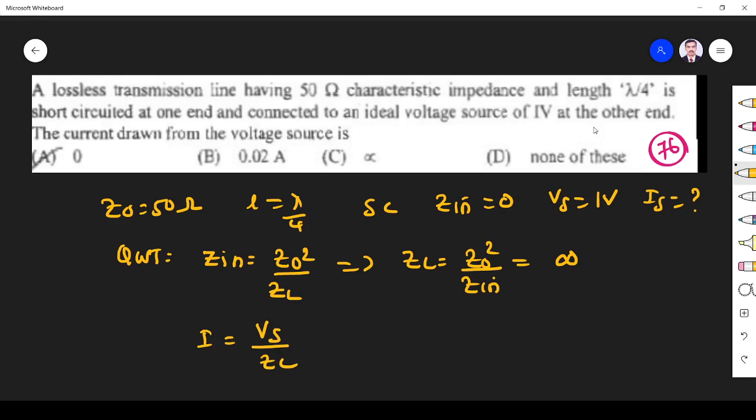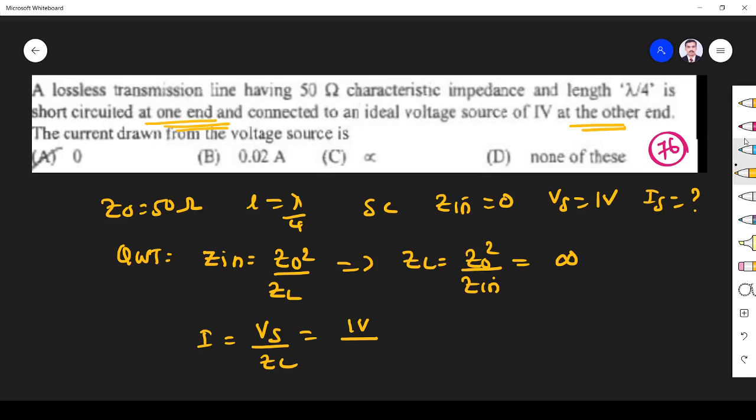They are asking what is the current drawn from the source, right? Vs is 1 volt. Sorry, load impedance, as per the question, it is short circuited at one end, right?